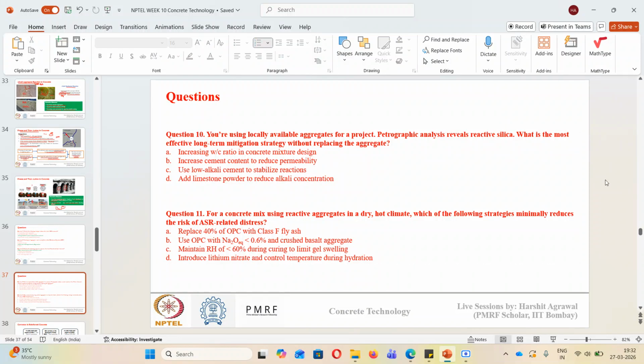Okay, so you know that the aggregates that you are using have reactive silica. Still, if you want to do concreting, what strategy should you take thinking about long-term durability?